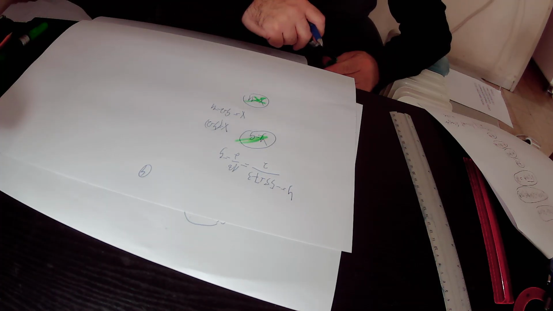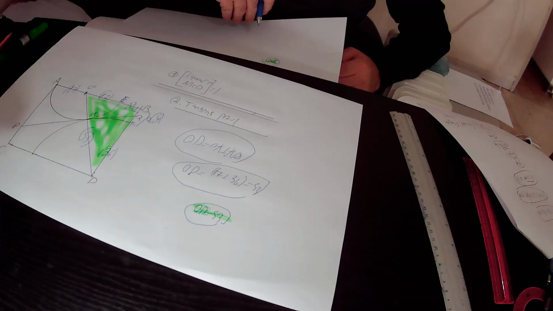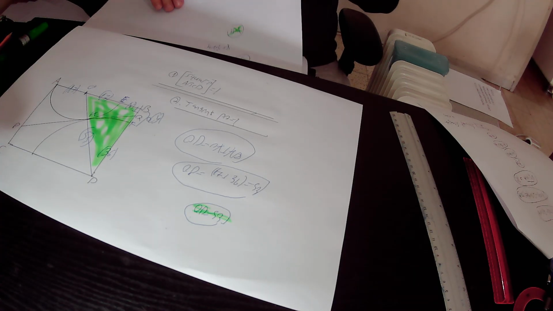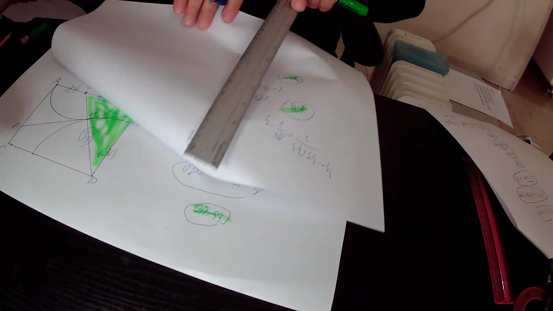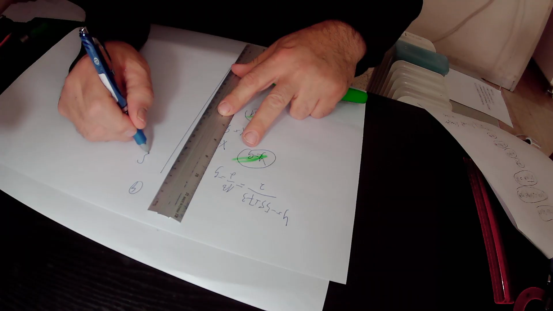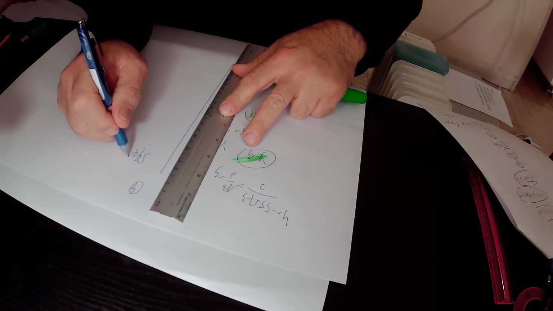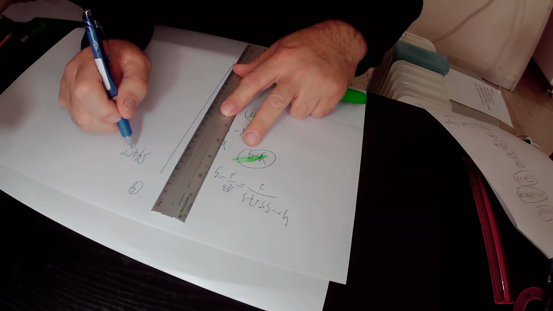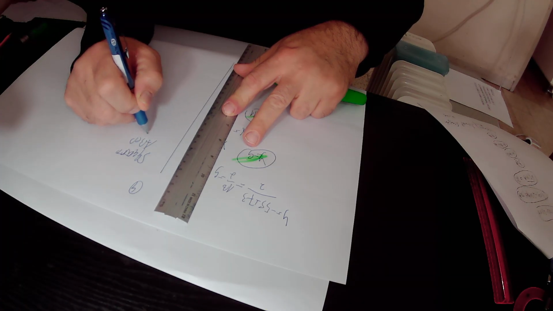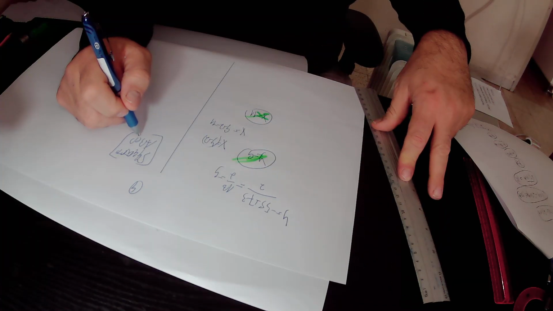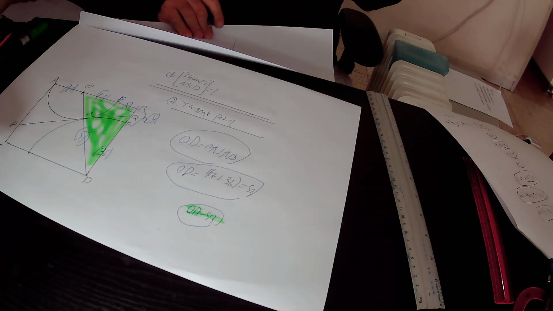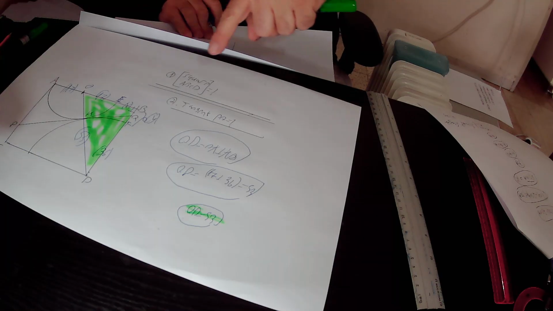Our first task is to find the area of this square ABCD. We already found that the area of square ABCD is equal to the length of one side squared. Choose side AB as one side of square ABCD, so it is AB squared.